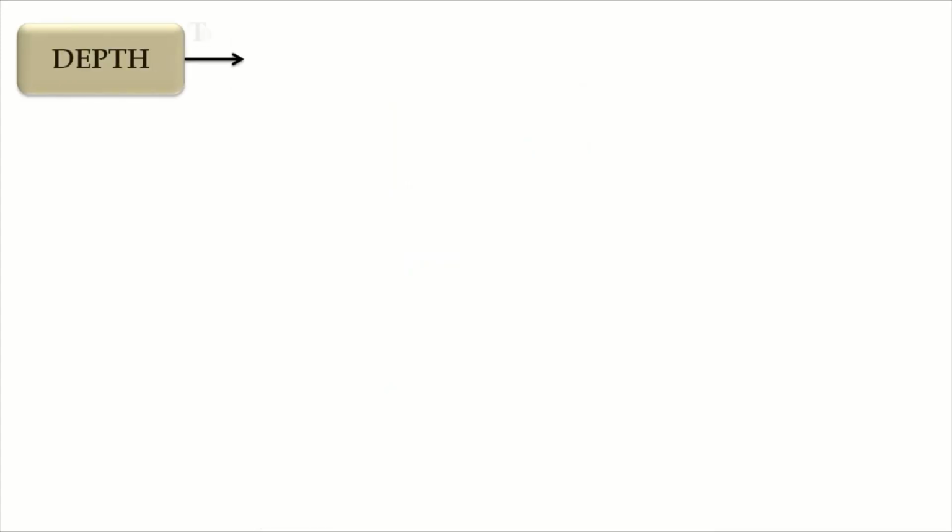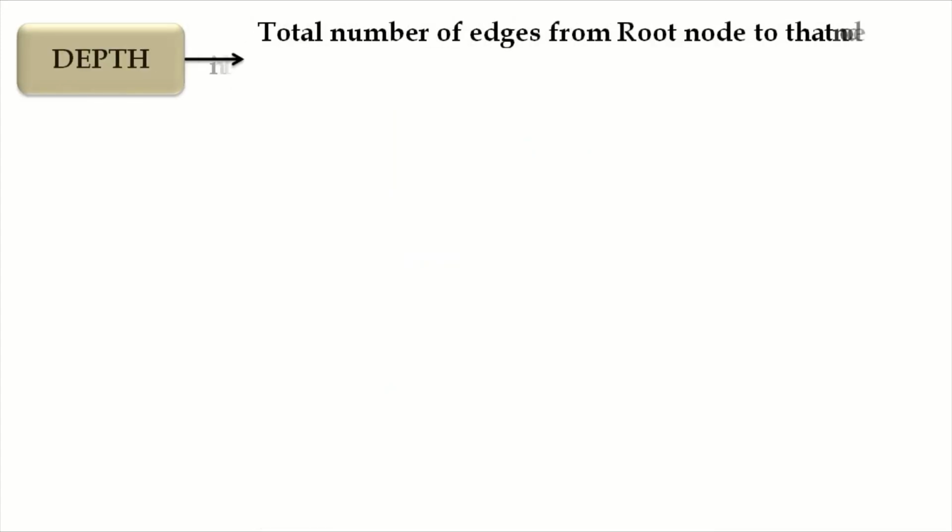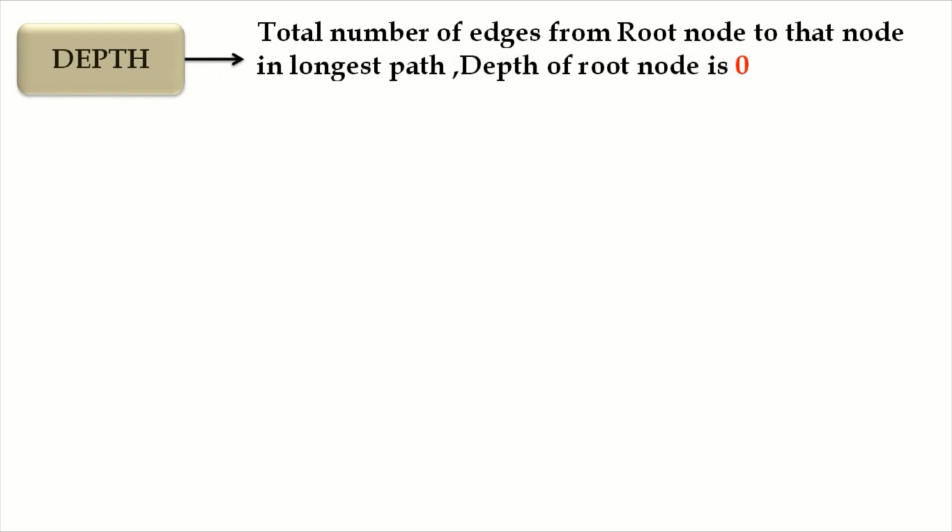Next, depth. The total number of edges from the root node to that node in the longest path gives the depth of a node. Here the depth and height are vice versa. We calculate height from the leaf node to the root node. Here the depth is calculated from the root node to the leaf node. So the initial depth of a root node is 0.